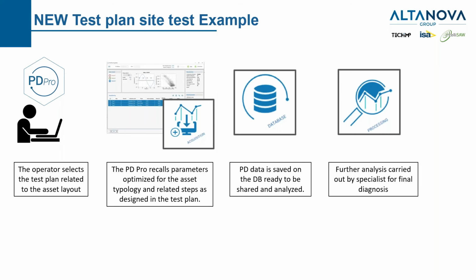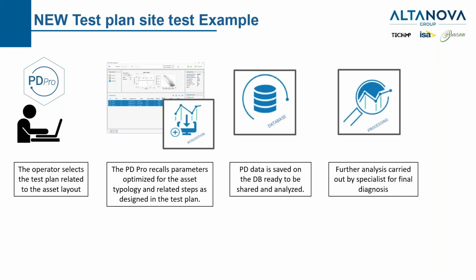So in this case, we use the test plan not as an end-of-line test, but to standardize the online testing and to have a tool to perform good quality PD tests without being a specialist.